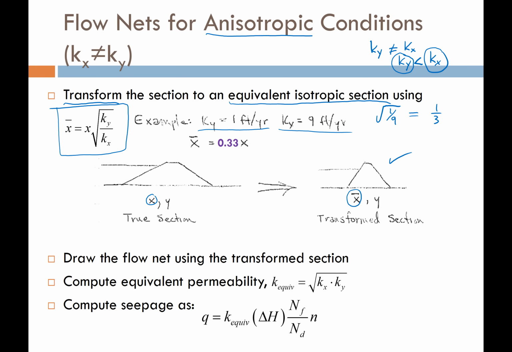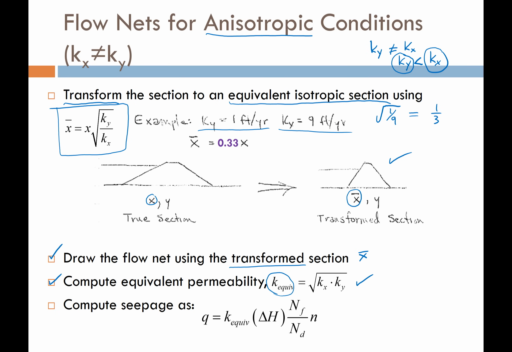Once you draw your geometry with your transformed section using your new x-bar coordinates, the next thing we're going to do is compute an equivalent isotropic permeability, that's this guy right here. And we're going to use this geometric mean equation.